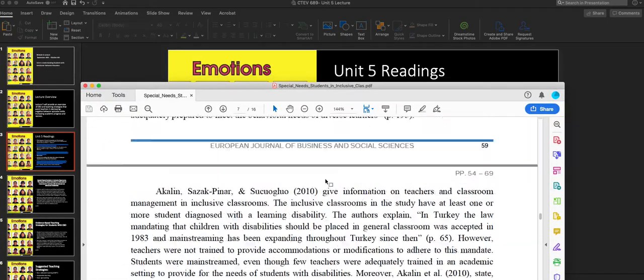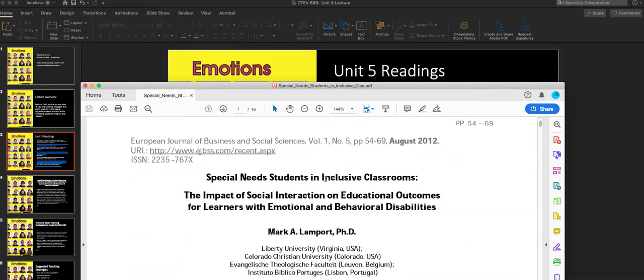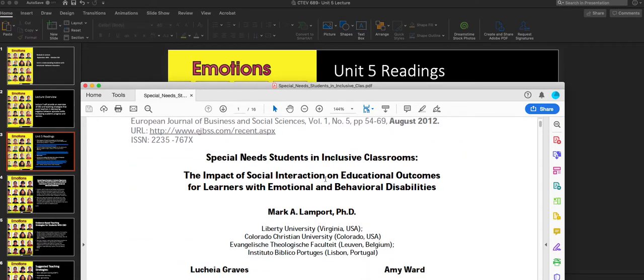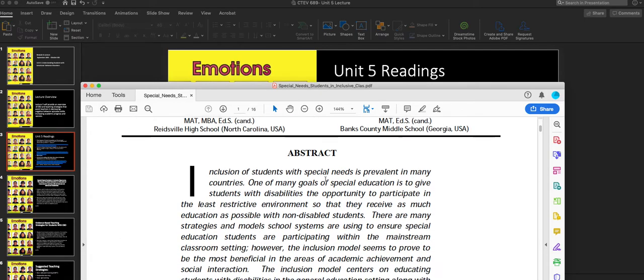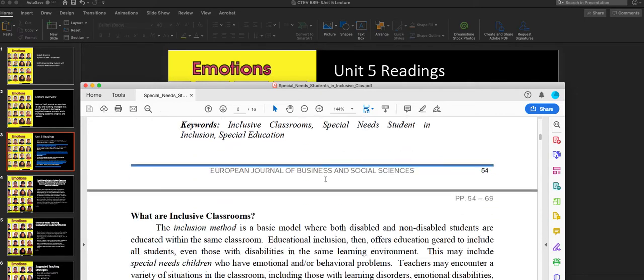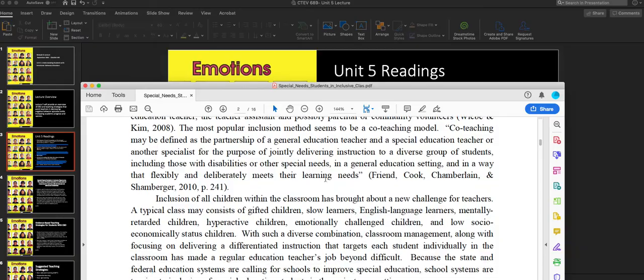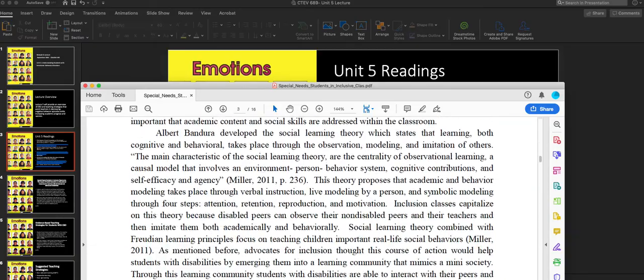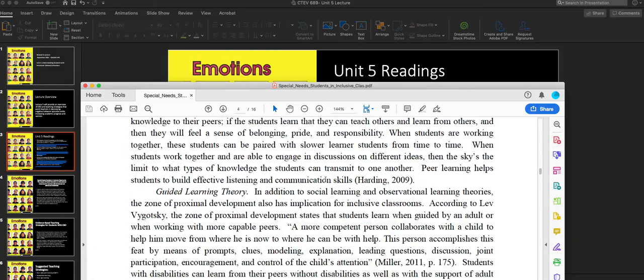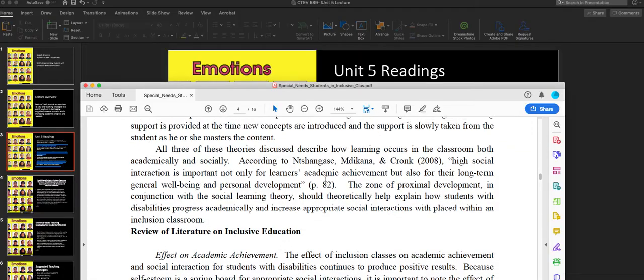It's a report of all the studies that have been done on students who are in special needs inclusive settings, and it discusses research on these particular settings and things that teachers can do from the environmental aspect to increase students' abilities to be successful if they are challenged with a learning disability.